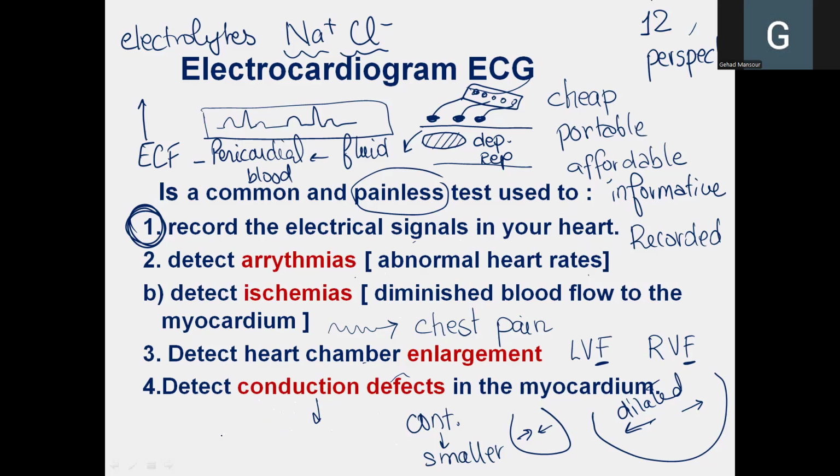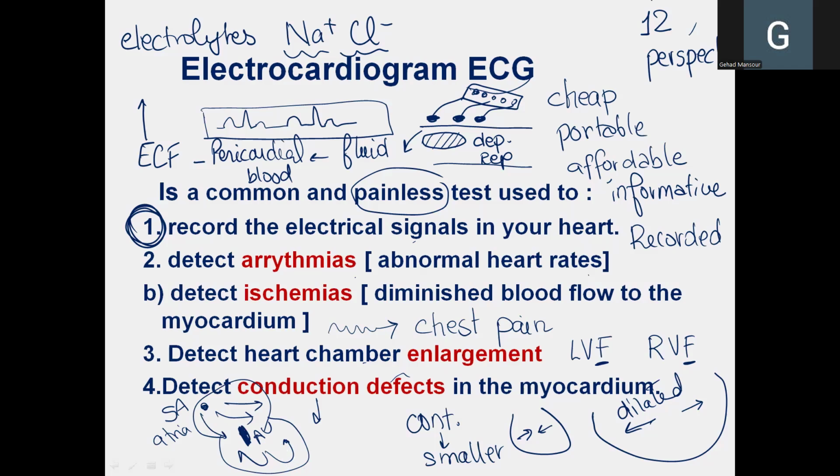What do we mean by conduction defects? We have two types of conduction. There is the conduction of electric impulses over the whole myocardium, from the SA node over the atria and from the atrioventricular node over the ventricles, but there is a very specific type of conduction at the area of the atrioventricular node.